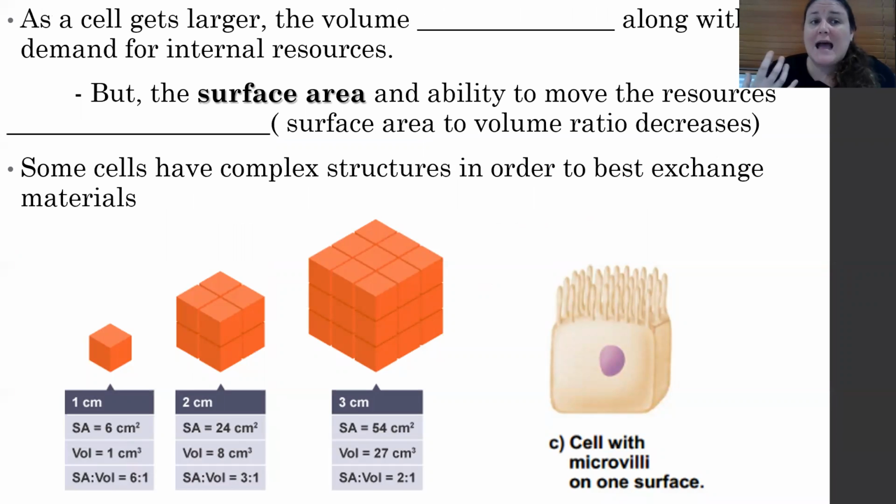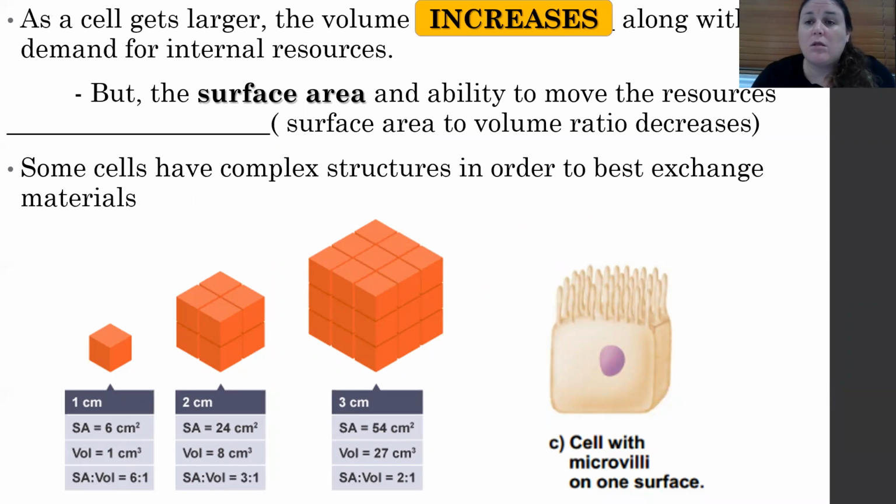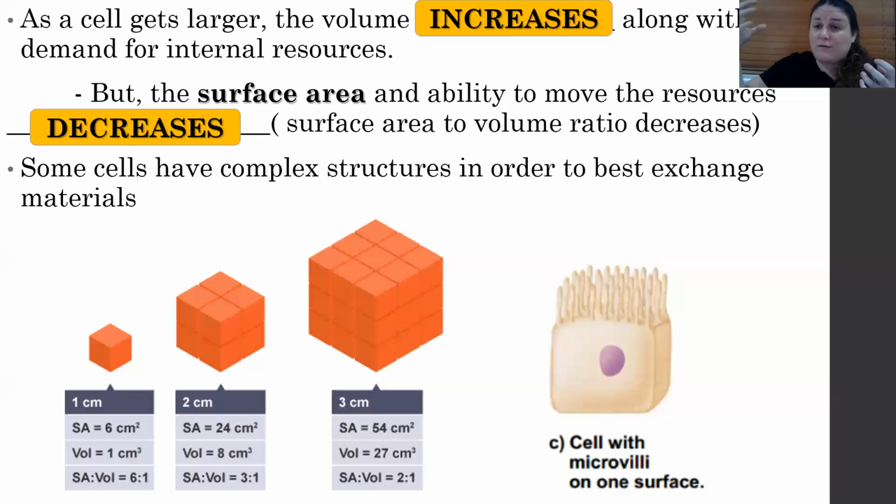So to summarize, as a cell gets larger, the volume increases along with the demand for internal resources. And the surface area's ability to move resources decreases as the volume gets bigger, because the volume actually increases faster than the surface area.